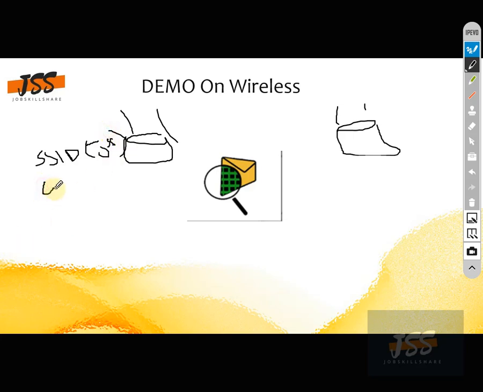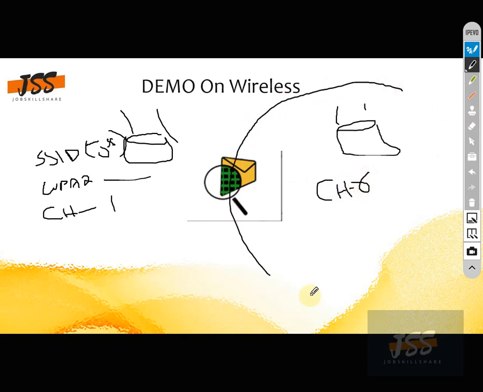We will use WPA2 authentication, and we will set the password. We will put this device on channel 1. And the same configuration will be here, the same SSID, same WPA2 password, but we talked about the channel. We will keep this one on channel number 6. Why? So that we have some kind of overlapping.